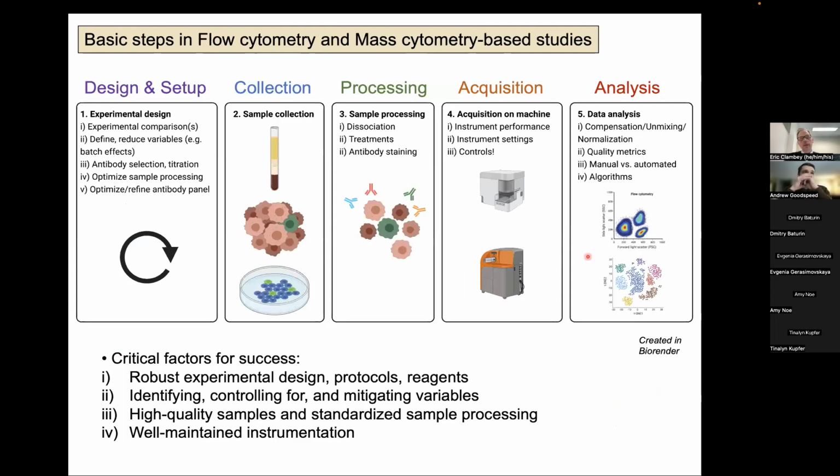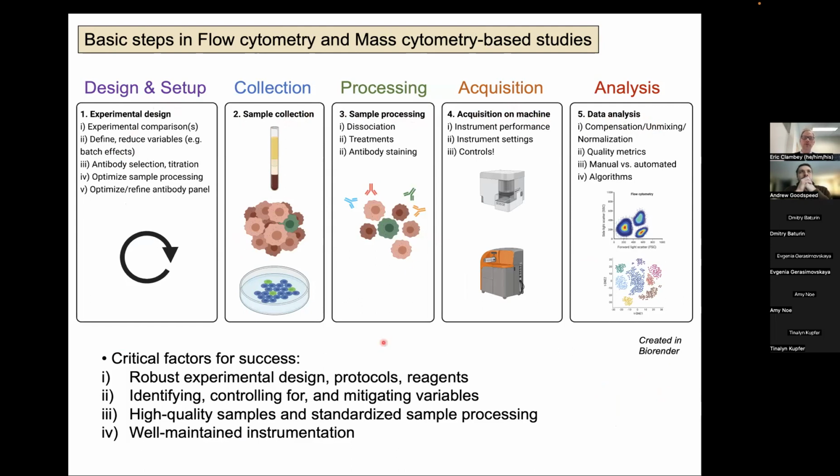So today I'd like to talk about broadly basic steps in these studies and then provide additional detail along the way. So broadly, I've broken down cytometry-based research into 5 steps, from design setup to sample collection and sample processing, acquisition, and analysis.